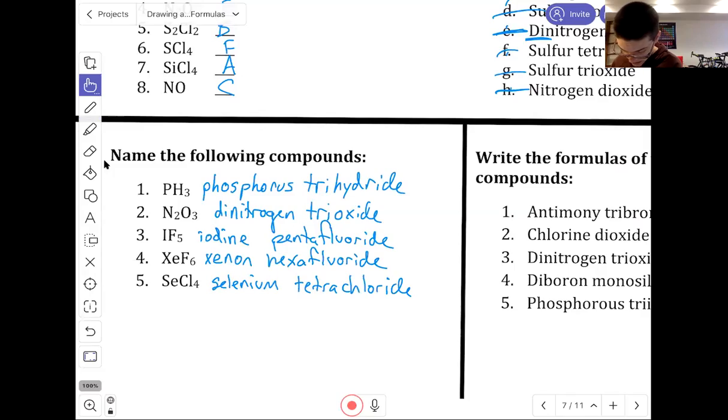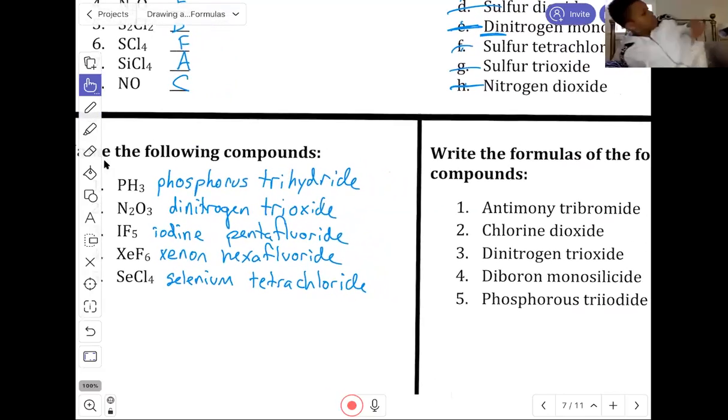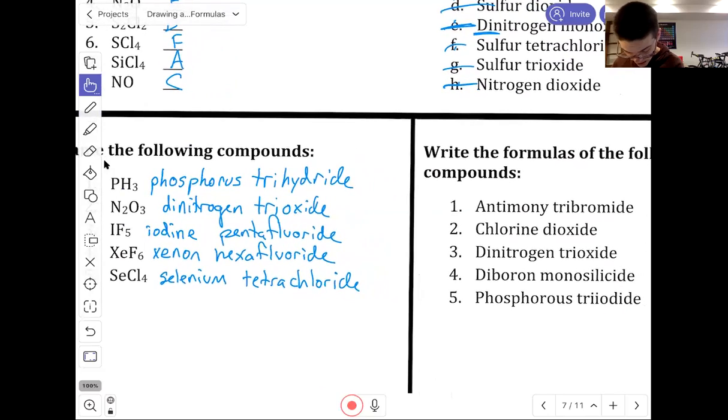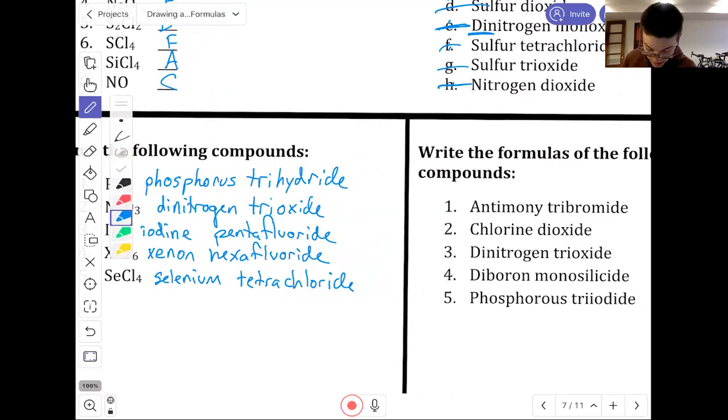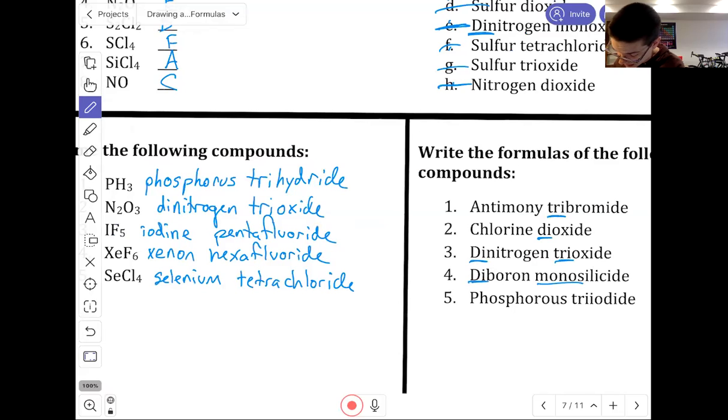Okay. So I'm going to shift that over just a little so that people can still see that. But if you are working off of notebook paper, then you should be able to see the 5 on the right. For these, you are writing the formulas. So you are looking at these prefixes and turning those prefixes into the numbers.